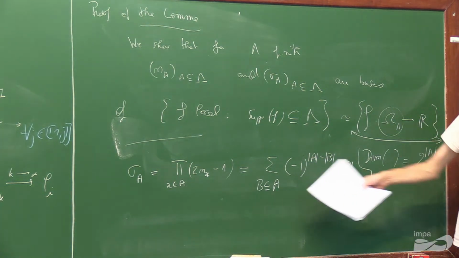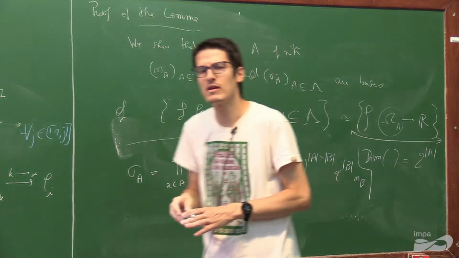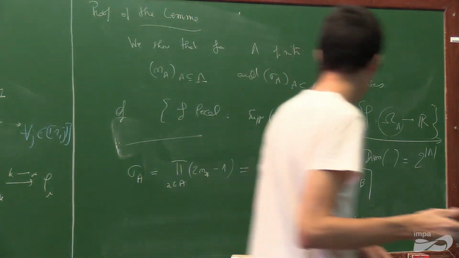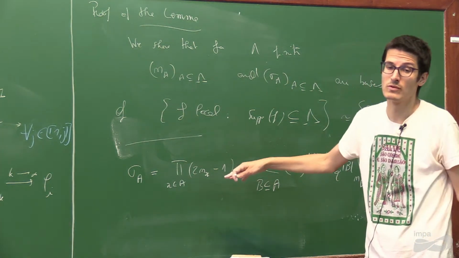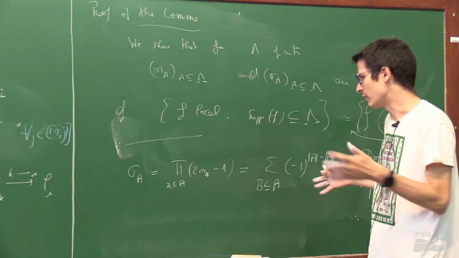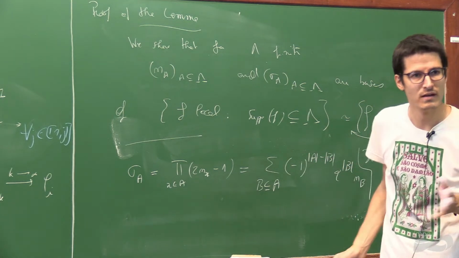This is just the expansion of a polynomial. If you're not used to it, you can look at it later. But it's clear that when you expand this, you only get things of the type N_B. You don't need to know about the coefficients for the argument.